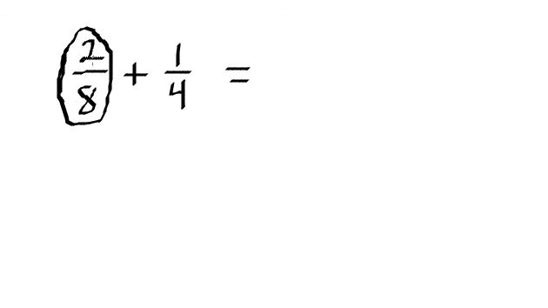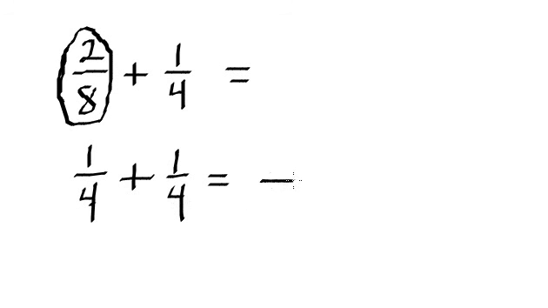So the largest number that goes into both 2 and into 8 is going to be 2, and 2 goes into 2 one time, and 2 goes into 8 4 times. We have a common denominator, so we just rewrite the 4 and we add the numerators.